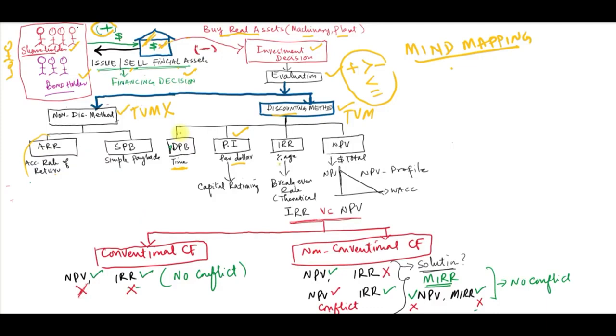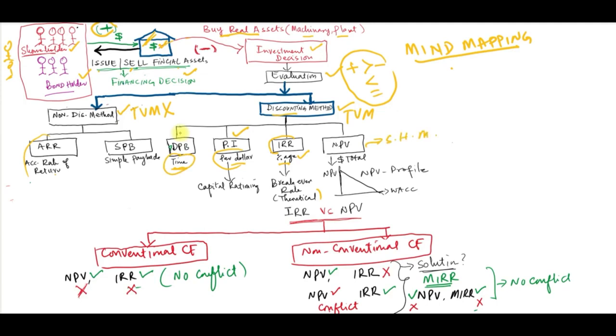This is a theoretical rate that talks about percentage, and it is also called the break-even point. So it talks about percentage, per dollar, and time. And lastly is NPV. NPV is also called the shareholder maximization approach, or wealth approach.